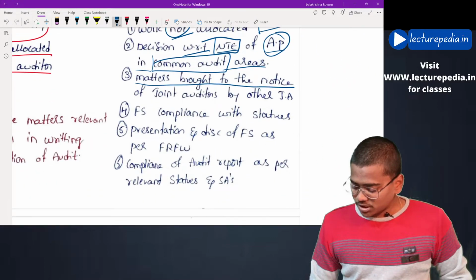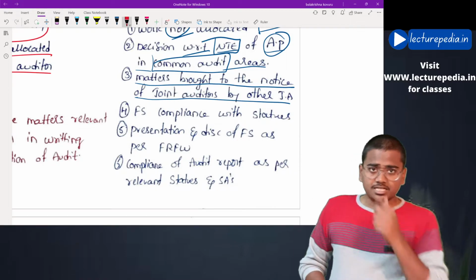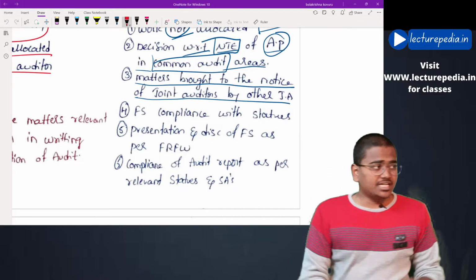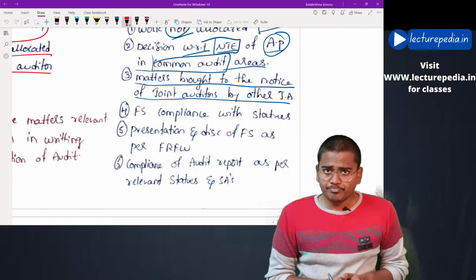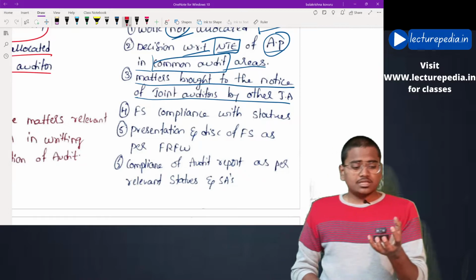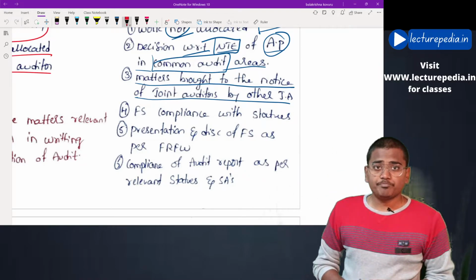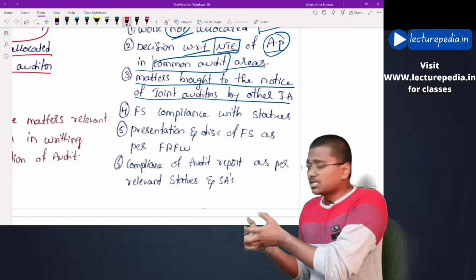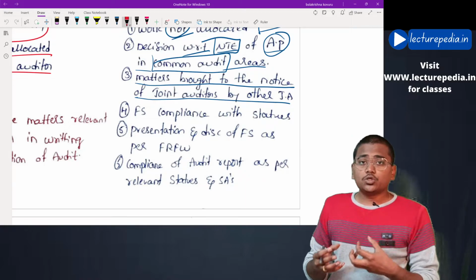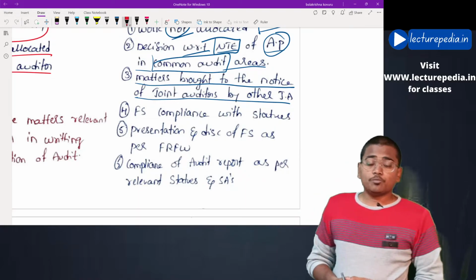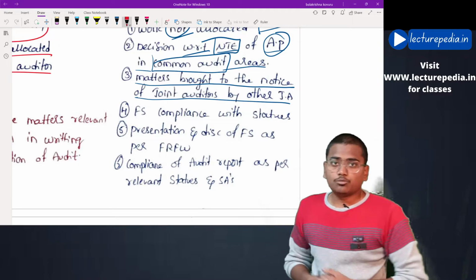Next, matters brought to the notice of joint auditors by other joint auditor. Let's say B and Co is auditing assets of the company. While auditing assets, B and Co felt that there is one particular asset in respect of which I need to consult the other joint auditor, that is C and Co. I need to discuss this matter with C and Co, and we both have to come to a conclusion together.